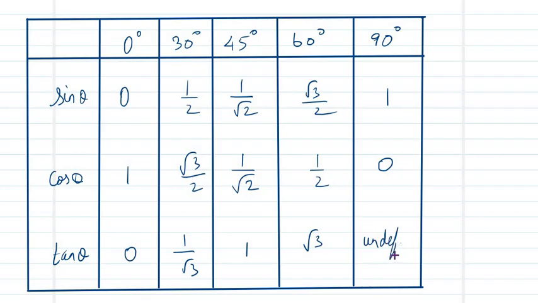So why is tan 90 degrees undefined? Because we do the division here. Any number divided by 0 is very clearly undefined.